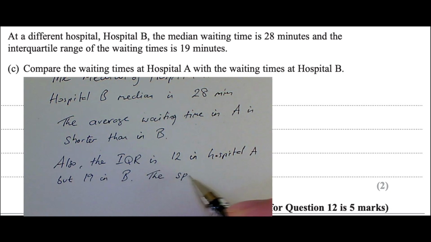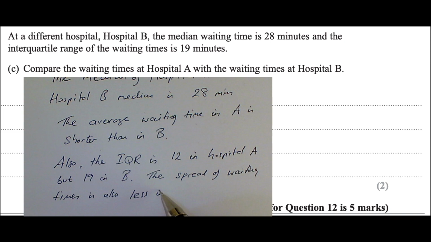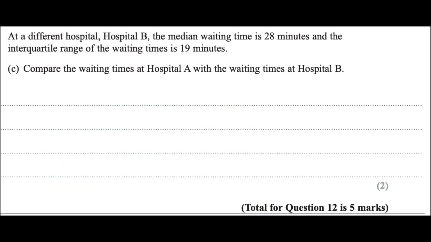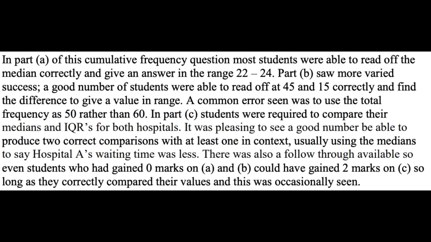Whereas in Hospital B, they've got a 19-minute gap. So the 15th person and the 45th person have a 19-minute difference in their waiting times. Okay, so I've made those two comparisons.